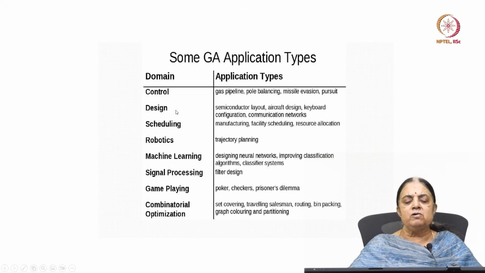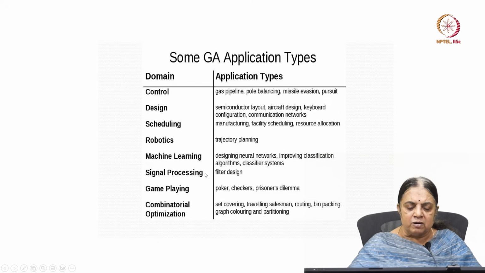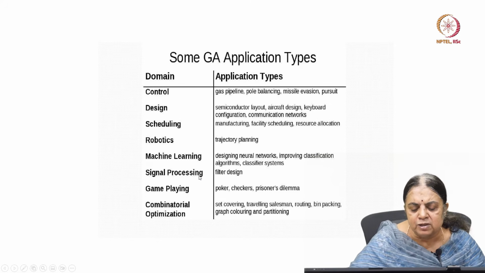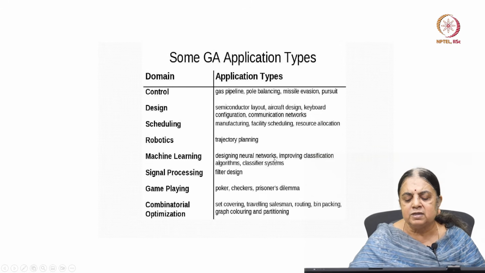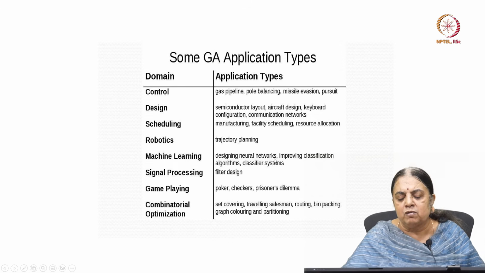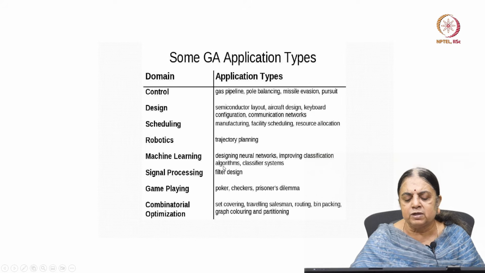We can see all the domains where applications are available: control, design, scheduling, robotics, signal processing, game playing, etc. Let us look at the machine learning aspect here: designing neural networks, which I spoke of, and improving your classification algorithms, classifier systems.